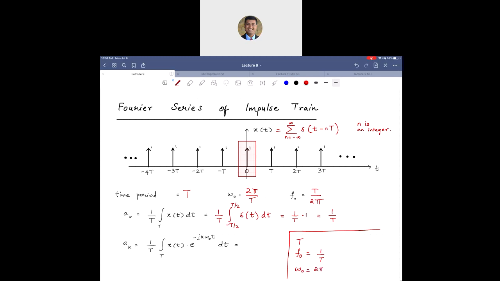Omega naught will be 2 pi f0, right? Which means it will be 2 pi divided by T. Do you write 2 pi divided by T for omega naught? Yes. And f0 is 1 over T, and T is 2 pi divided by omega naught. Yes. Thank you, T.